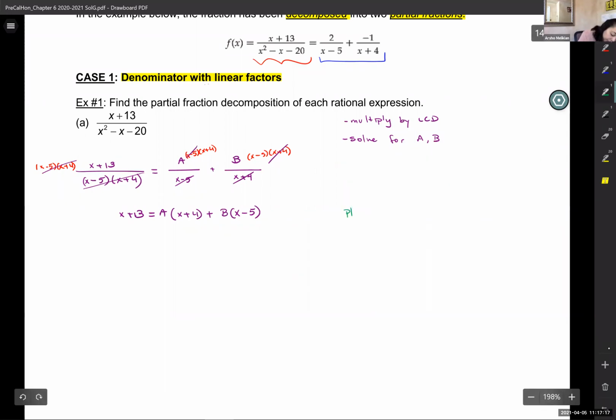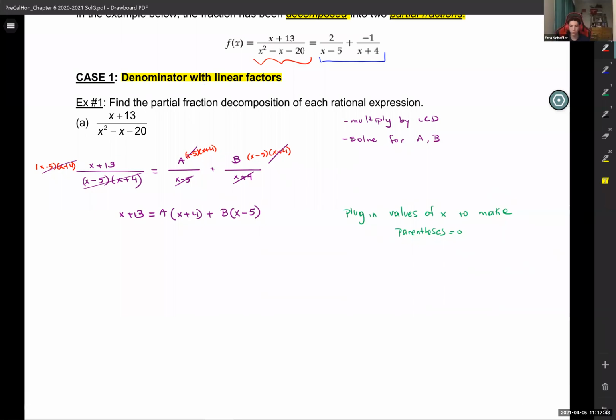Let's plug in values of x to make parentheses equal to 0. I know that's not grammatically correct, but it's okay. Okay. So what can we plug in to make the first parenthesis equal to 0? X equal to what?